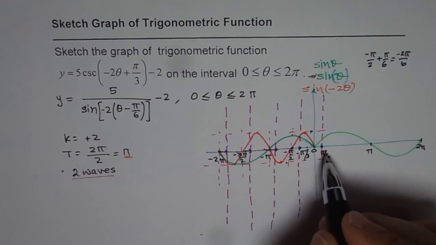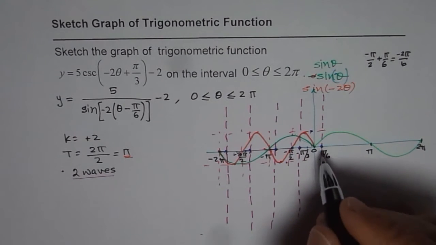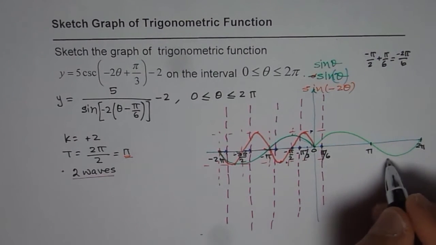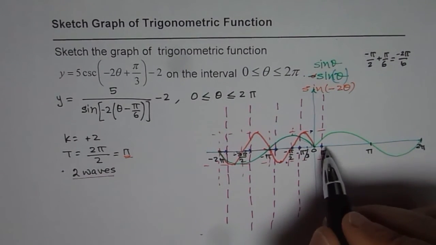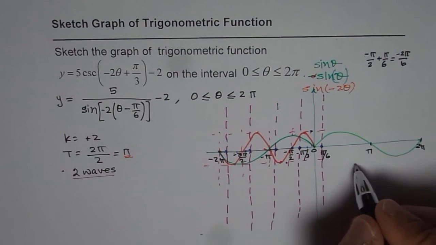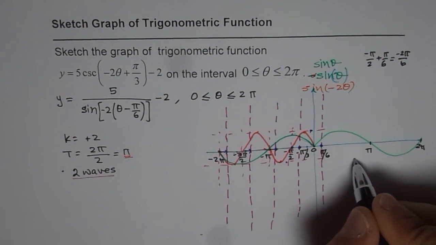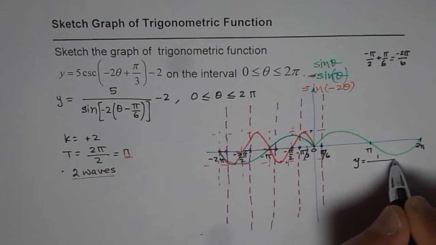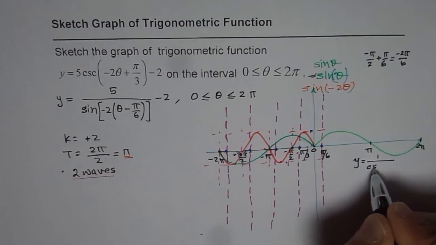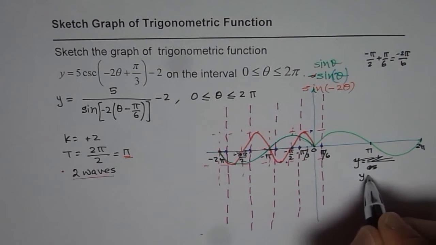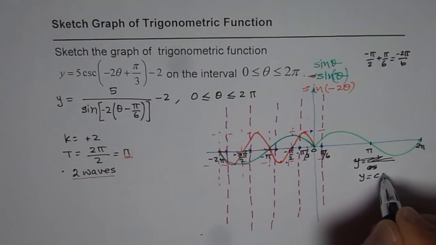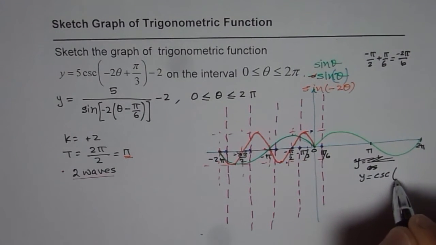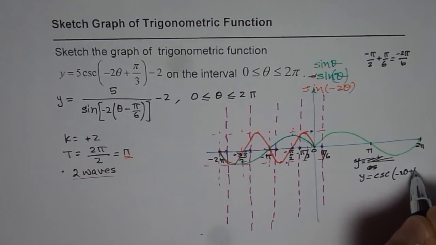So what we get here is the vertical asymptotes. Let me write on this side since it is blank. Now, vertical asymptotes for cosecant x. We are now working on y equals 1 over sine, or let me write y equals cosecant of minus 2 theta plus pi by 3.